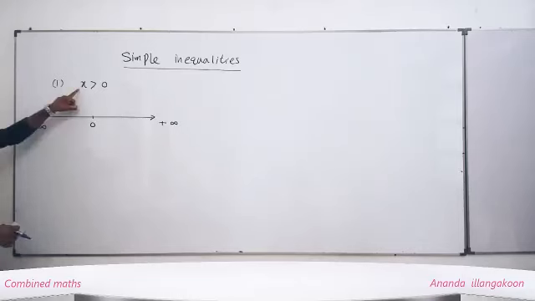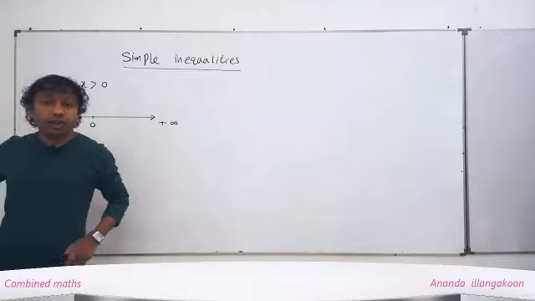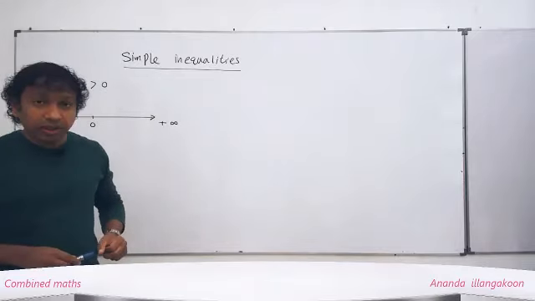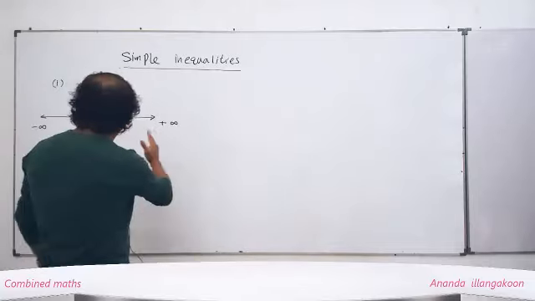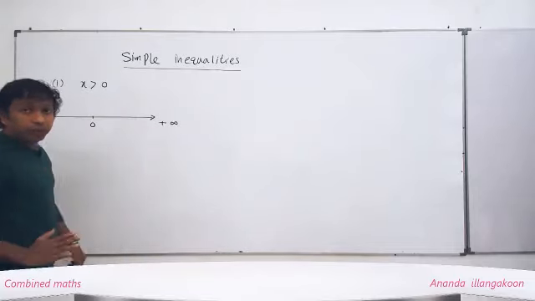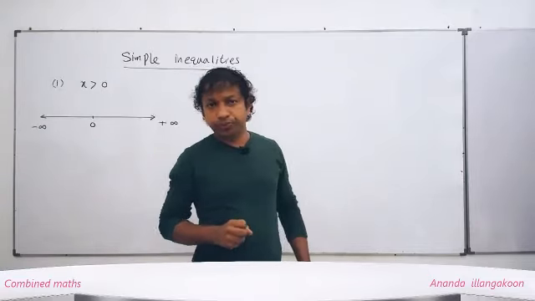Now here x means any number on the number line. You know, people, what numbers are available on the number line? On the right hand side of 0, all the real numbers on the number line are positive.